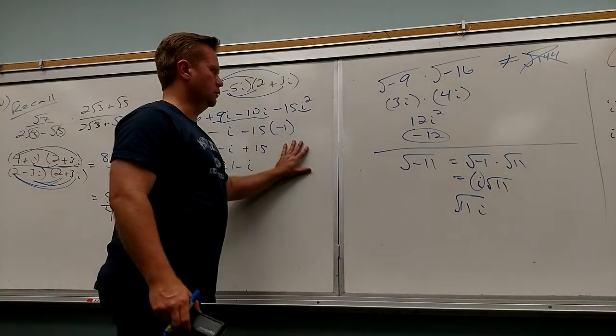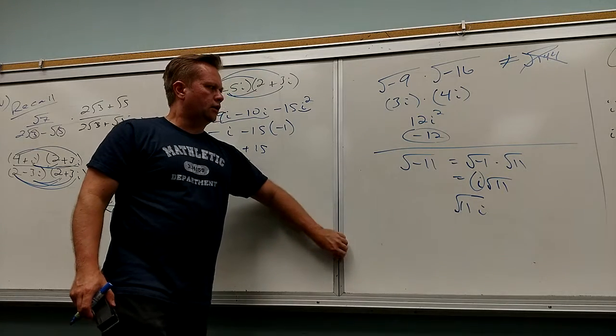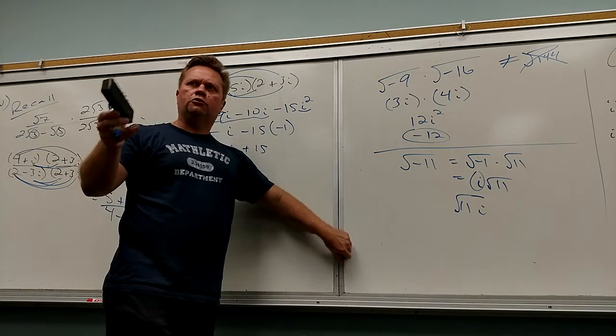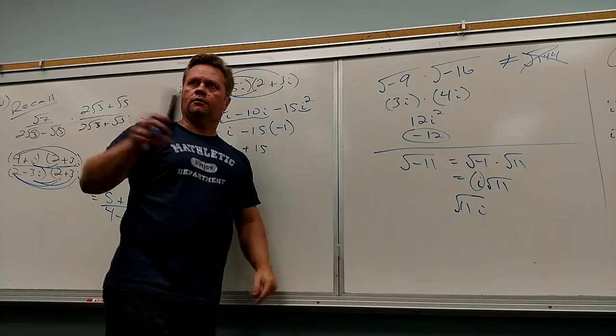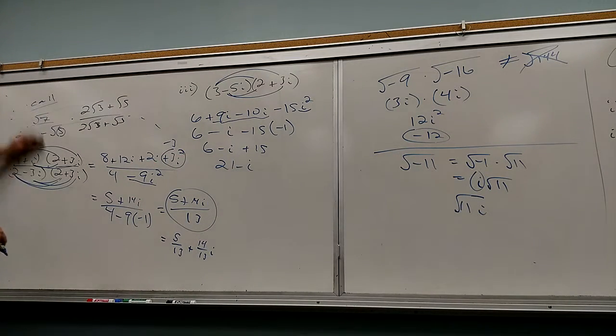Can you repeat that last thing you said? Whenever we have a square root of a negative number, we immediately take the negative out and write it as i.